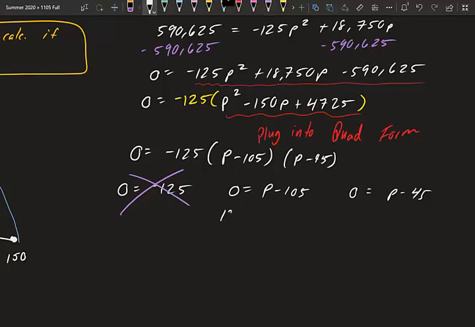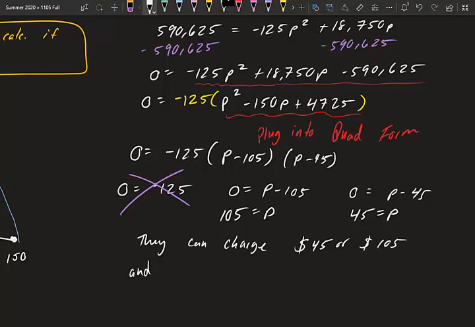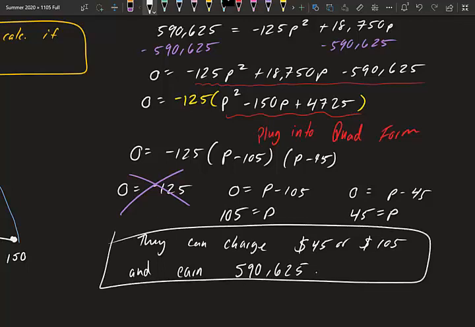Next, we have 105 equals p, and 45 equals p. So they can charge $45 or $105 and earn $590,625.